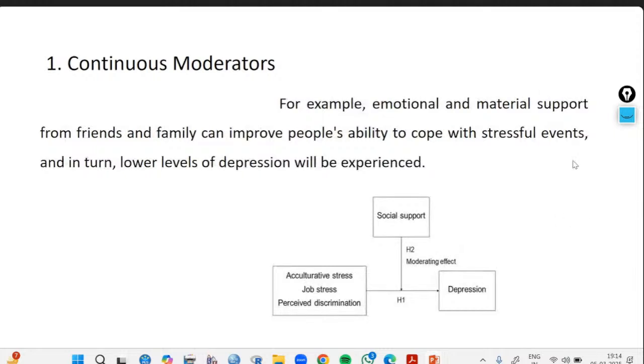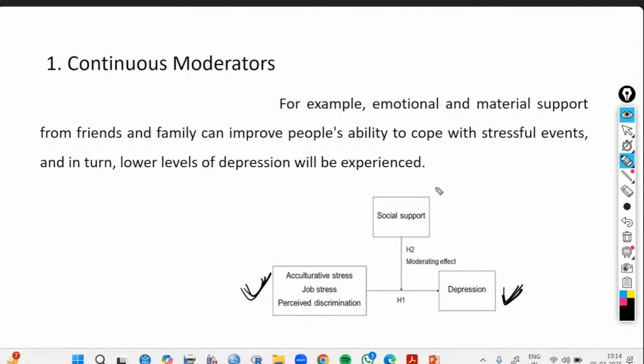जैसे यहाँ पे देखिए, now the depression and stress, job stress, there is a positive correlation. More job stress, more depression. But moderating variable influences the relationship between job stress and depression.